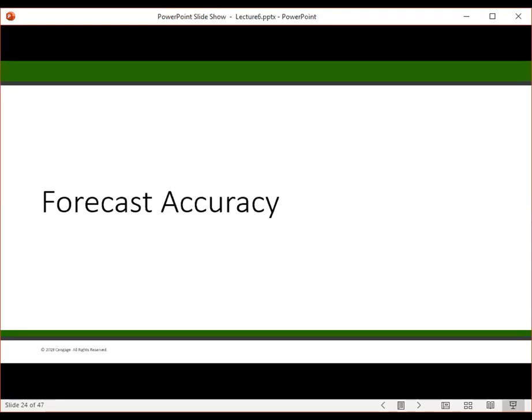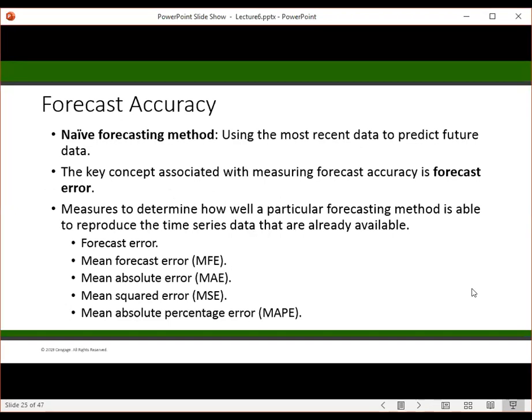Next, let's consider forecast accuracy. We had talked about accuracy as being the difference between the predicted value and the actual value.